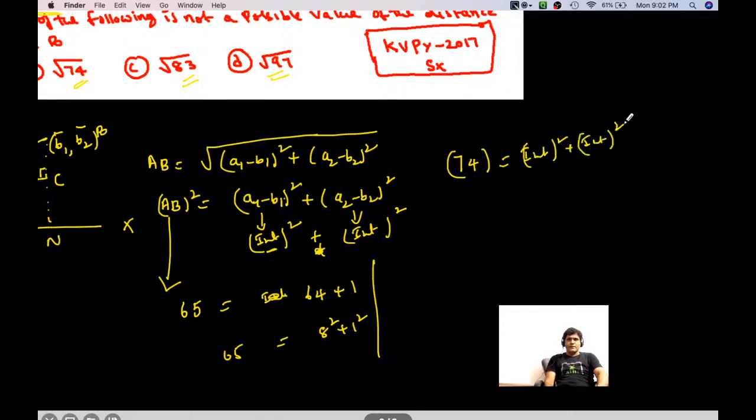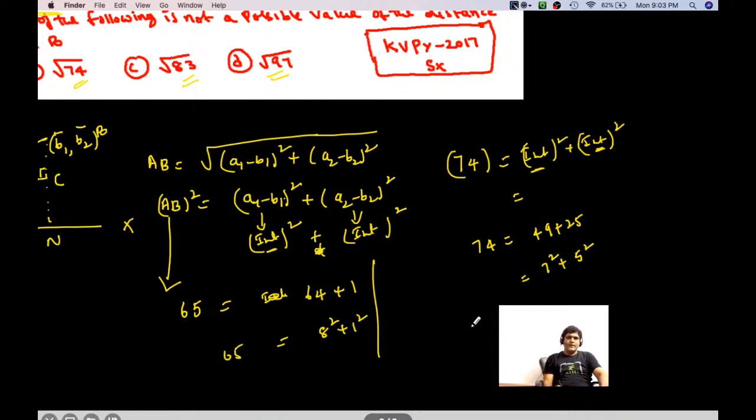What are the possible integers? You can write this as 49 plus 25, therefore 7 square plus 5 square. So this also can be written as integer square plus integer square.